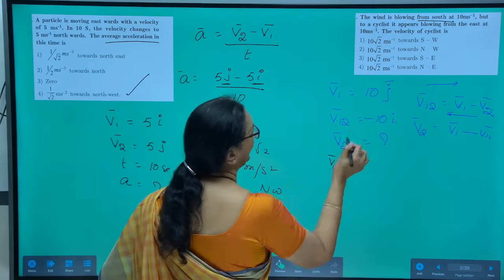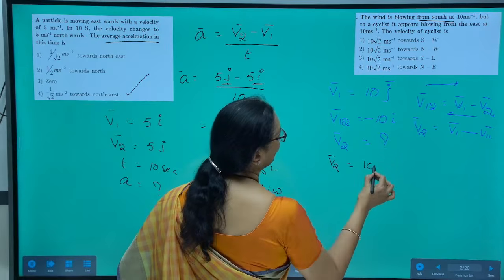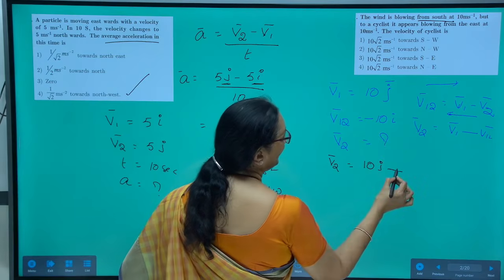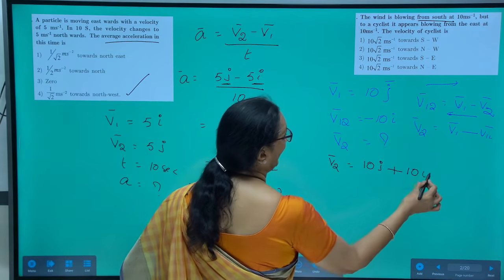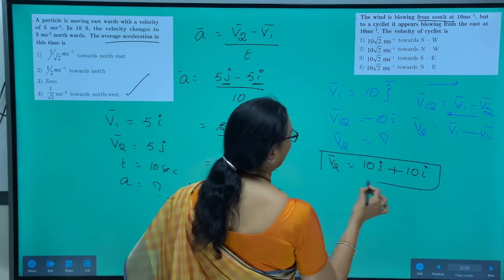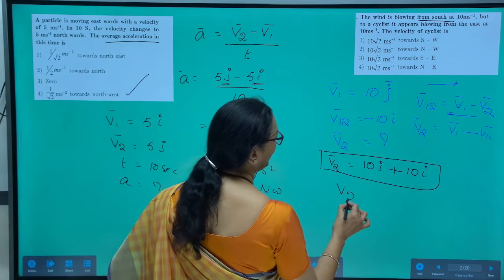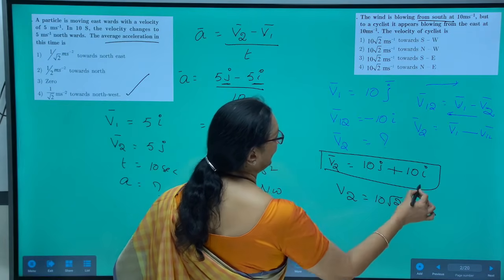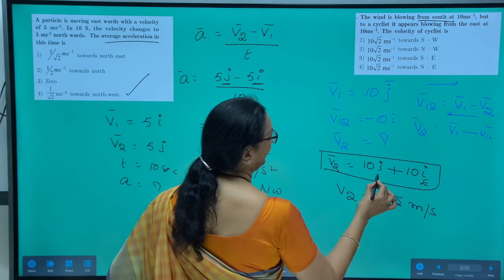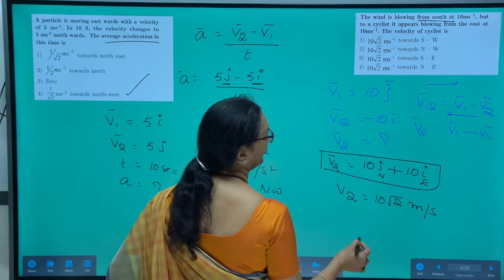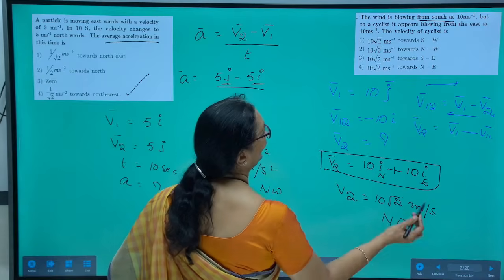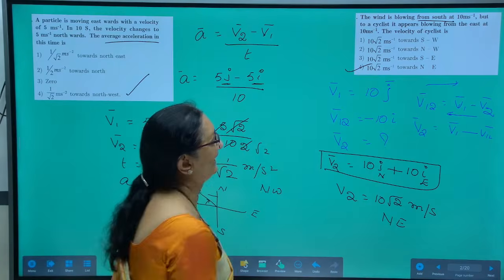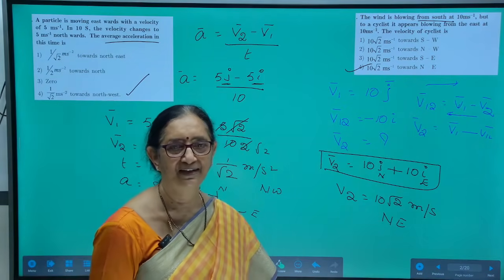V2 bar is equal to V1 bar, that is 10j, minus V12 bar, and minus of minus becomes 10I. This is the cyclist velocity. The magnitude is very obviously 10 root 2 meter per second. I is taken as eastward direction, j as northward direction. So it is 10 root 2 meters per second northeast. That is the answer.